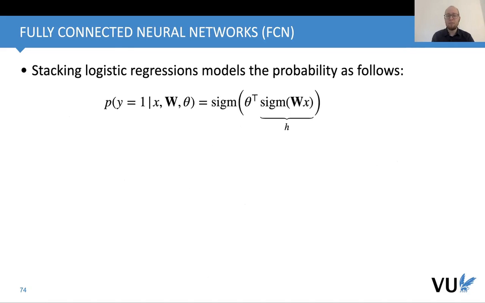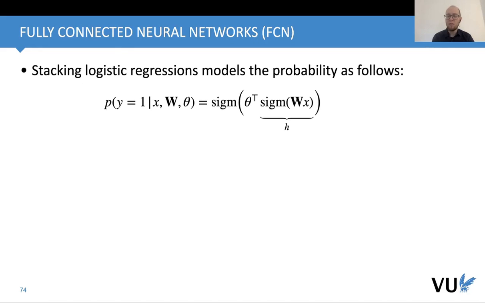And so how does it look? If we write again the probability of a ham, or whatever else, something like a coin, this is again the Bernoulli distribution. So we need the sigmoid. And then we simply replace our x with some kind of transformation, which we can call a new variable h. And this is again the sigmoid of w times x.